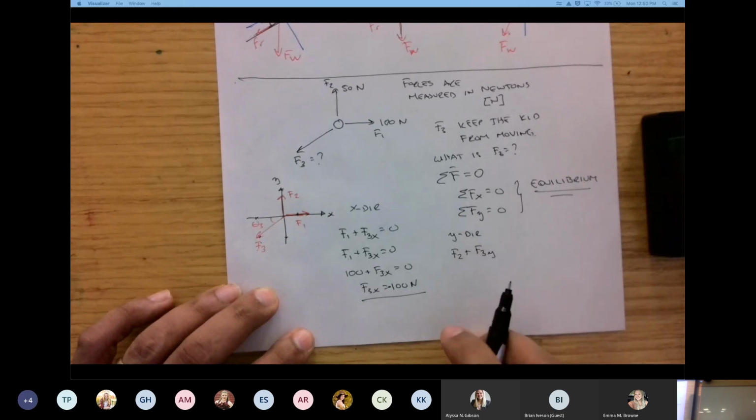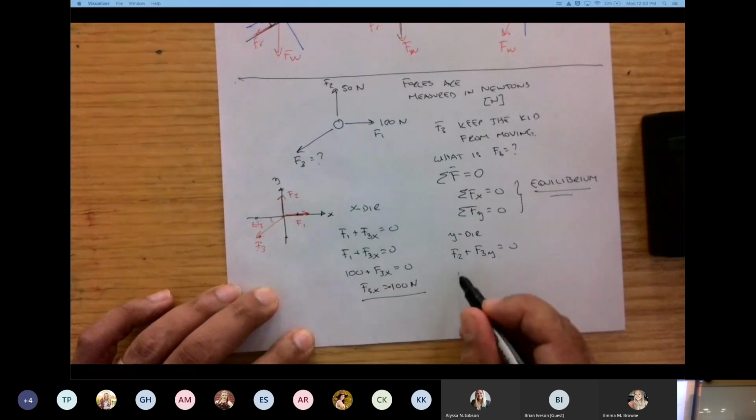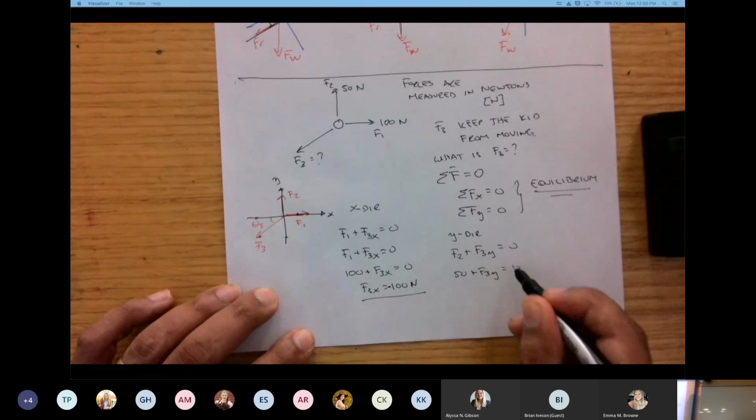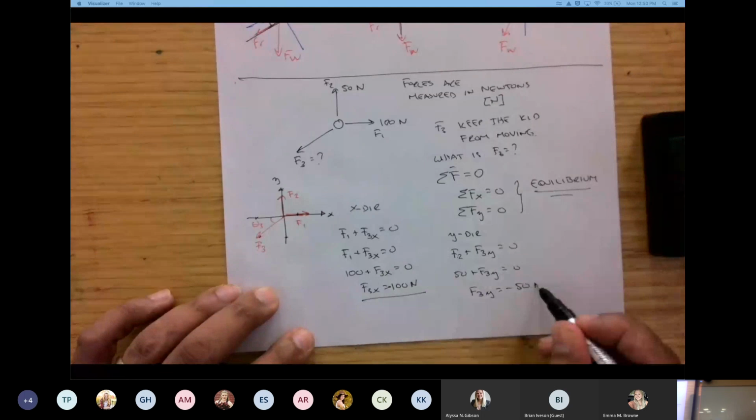And these have to be equal to 0. Now, F2 is 50. So here, I'm going to end up with negative 50.